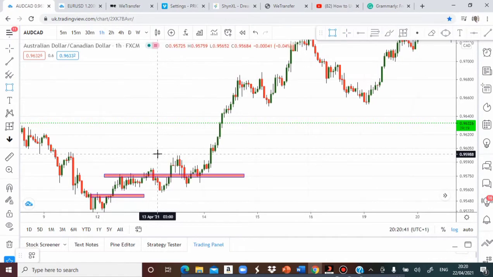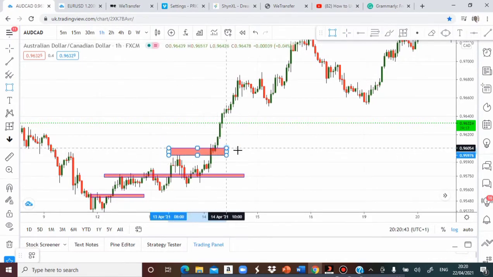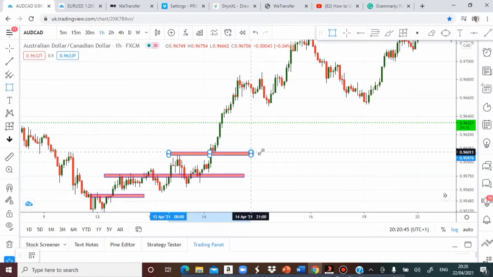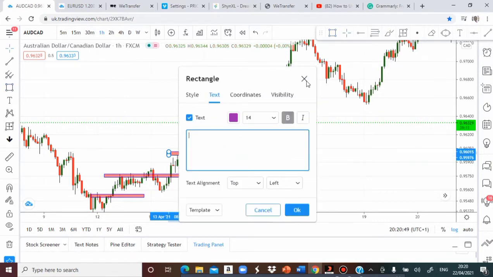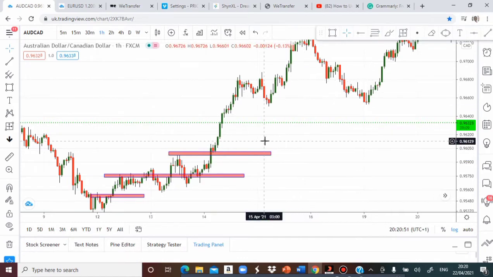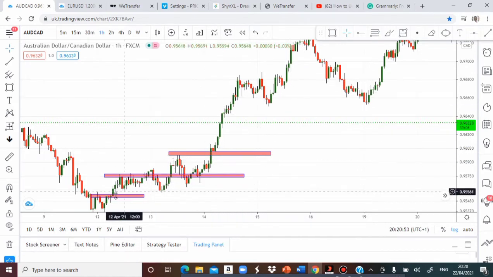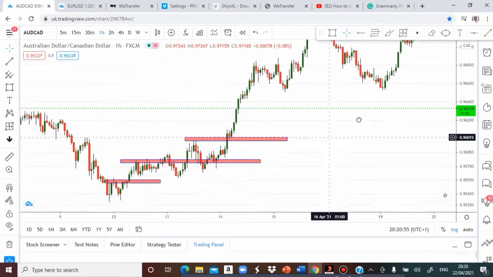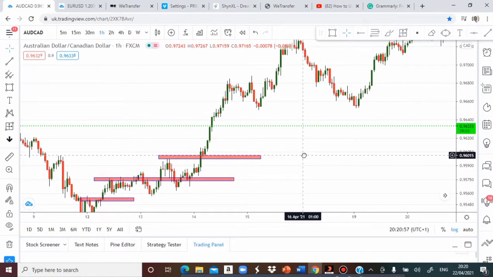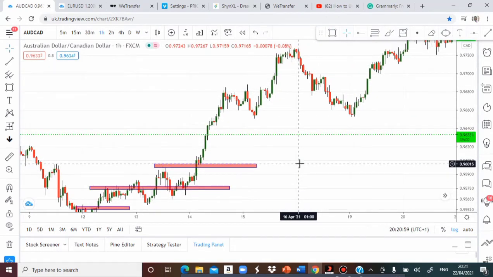Another new high here. Another new high here. See, this is clearly, even with the 1 hour time frame, it has showed you that the price has actually formed an uptrend.